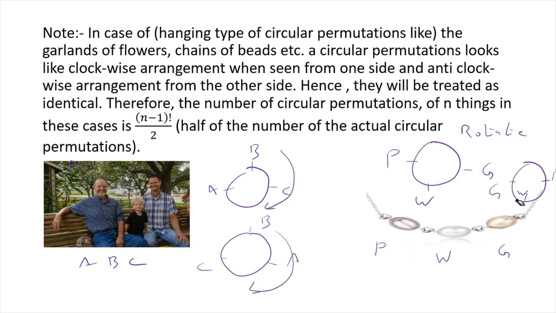Here, clockwise and anti-clockwise arrangements are treated as a single arrangement in the case of a chain of beads or a garland of flowers. Whereas here, these two permutations will be treated as two different permutations. So only in these exceptions do we have this (n minus 1) factorial upon 2.